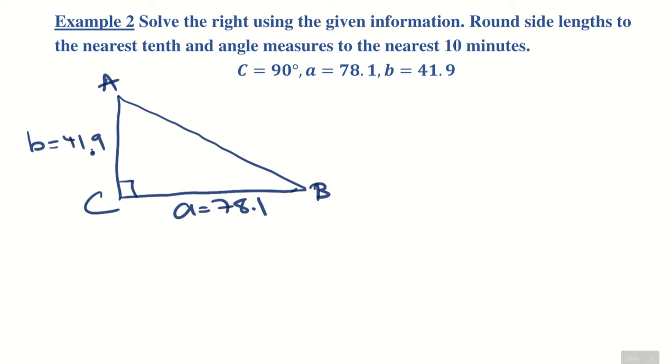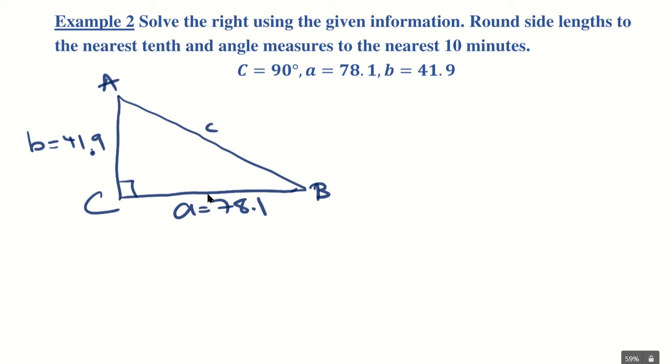All right. So we have two angles that we need to find and one side, which we will label with C. All right, so notice that we have different options that we could use, right? We could use, for example, angle B, because we know the opposite and the adjacent.